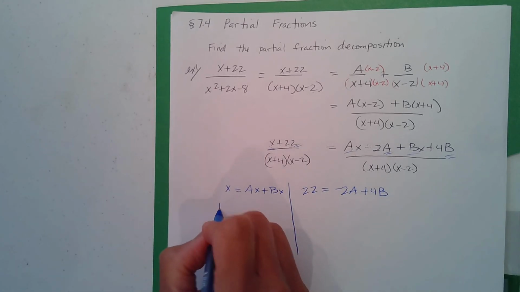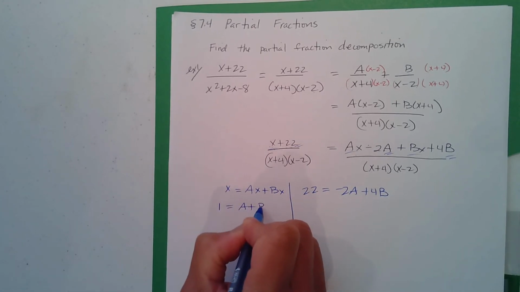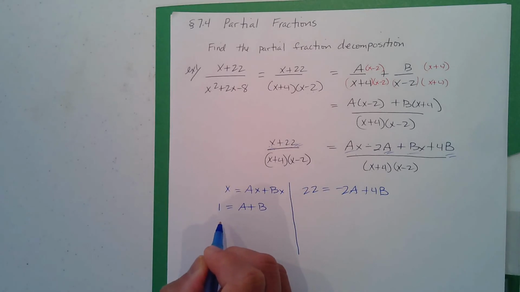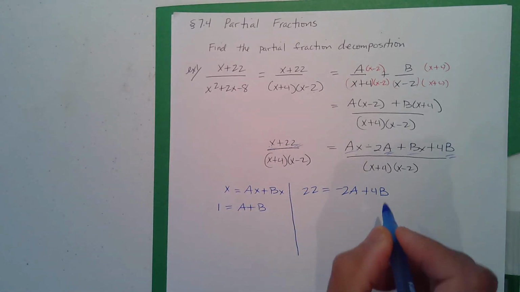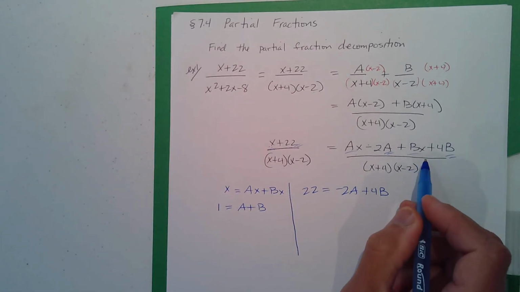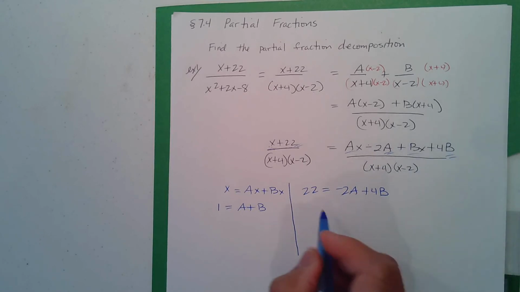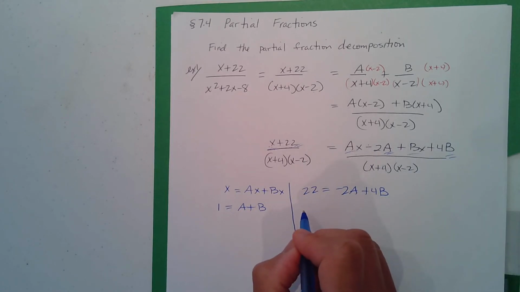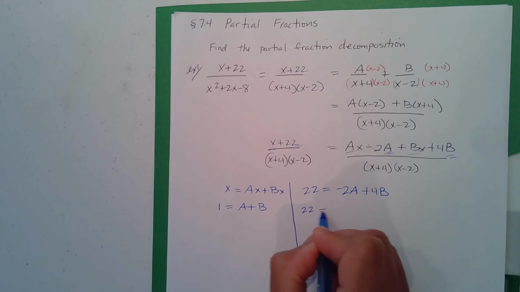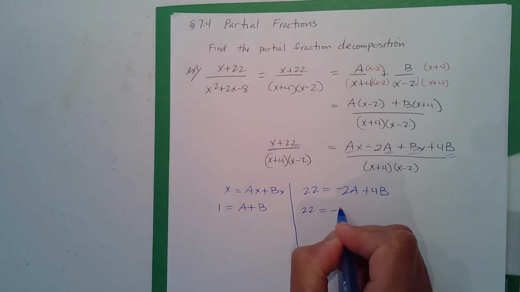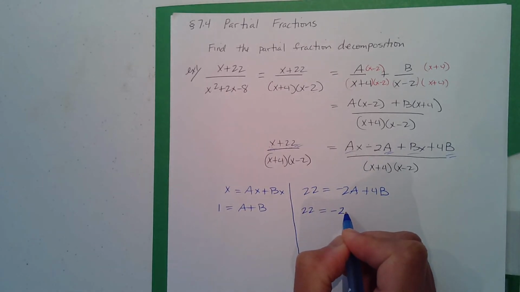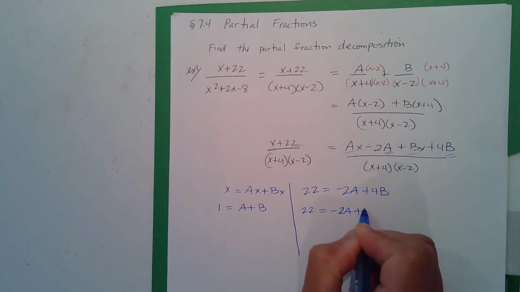So this is now 1 equals A plus B. And this one is 22 equals negative 2A plus 4B.